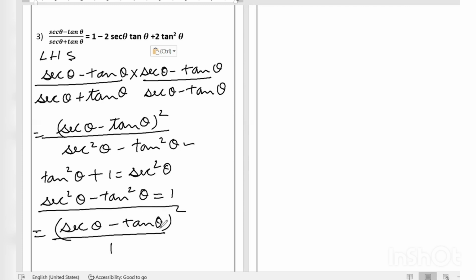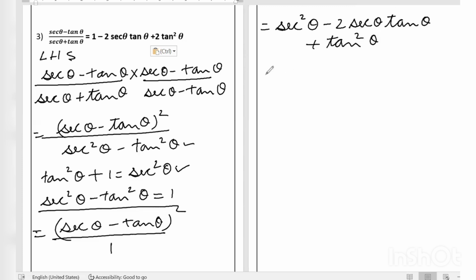Now here a minus b whole square. Applying the algebraic identity a minus b whole square, we will have sec square theta minus 2 sec theta tan theta plus tan square theta.